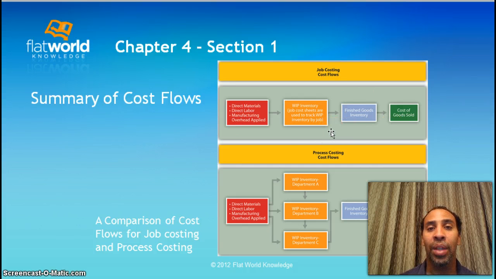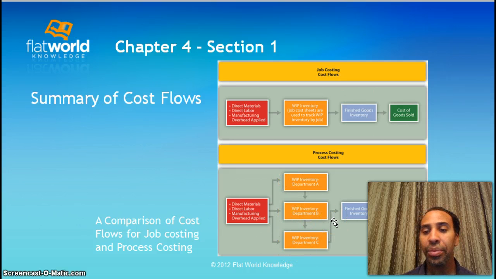Now, it's a little different when you look at process cost and cost flow. You still have the same, these two mirror each other, direct materials, direct labor, and manufacturing overhead applied. But then when you go to your work in process inventory for your different departments, it splits, right? So you have work in process inventory department A, work in process inventory department B, and work in process inventory department C. All three split apart.